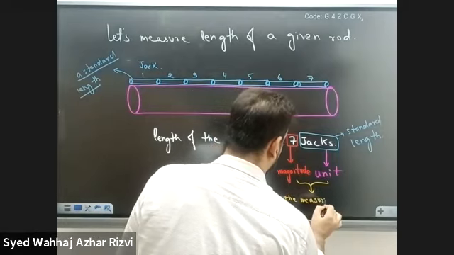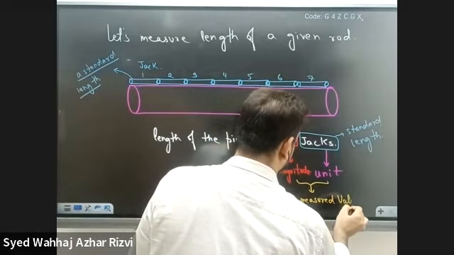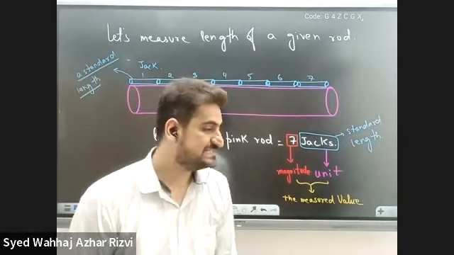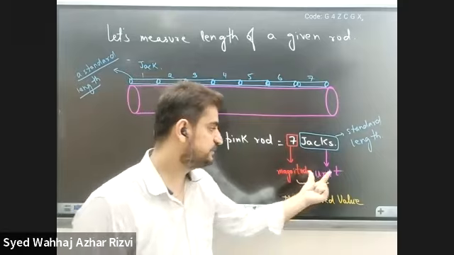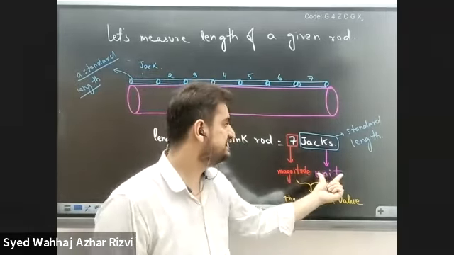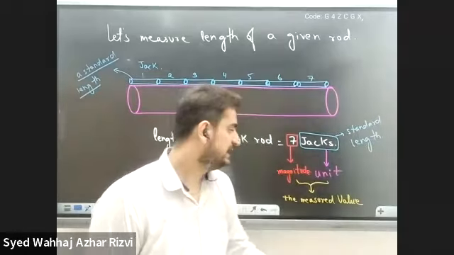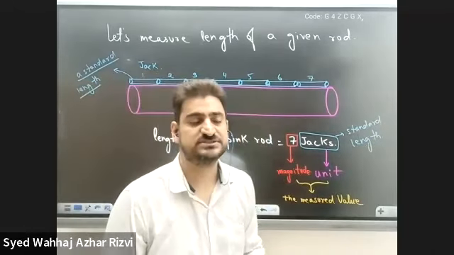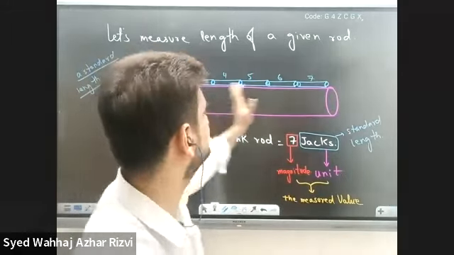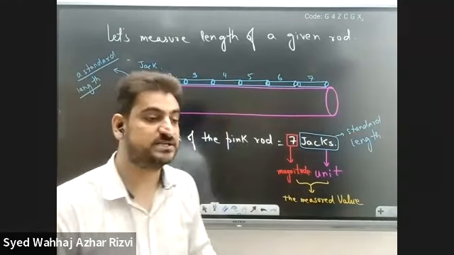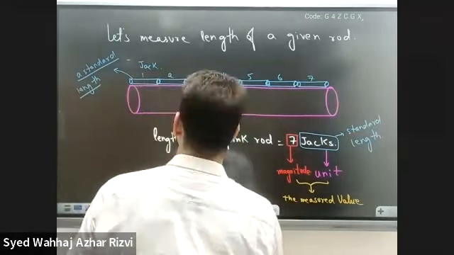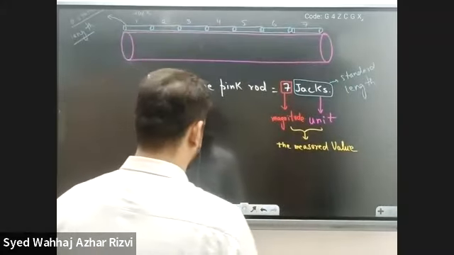So the measured value of any physical quantity consists of 2 things. First one is the unit, and second one is the magnitude. Unit is a standard amount of that quantity, and the magnitude is the number of times that standard quantity gets repeated so as to get completely consumed by the given amount of that physical quantity. That is the way we take measurements of anything, right?